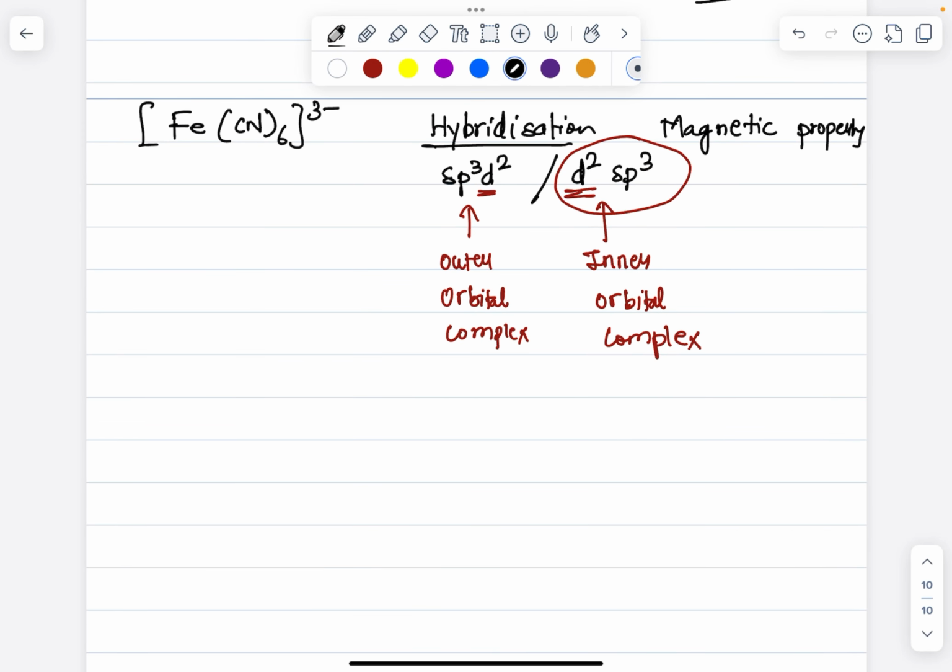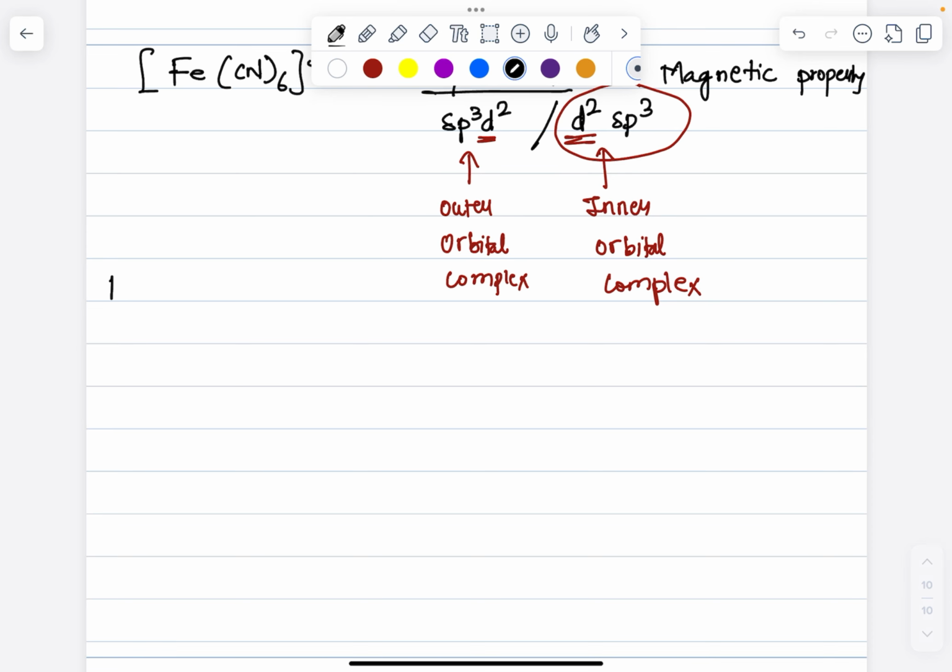So over here, I'll write the configuration of Fe. Z is equal to 26, so the configuration is argon 4s2 3d6.